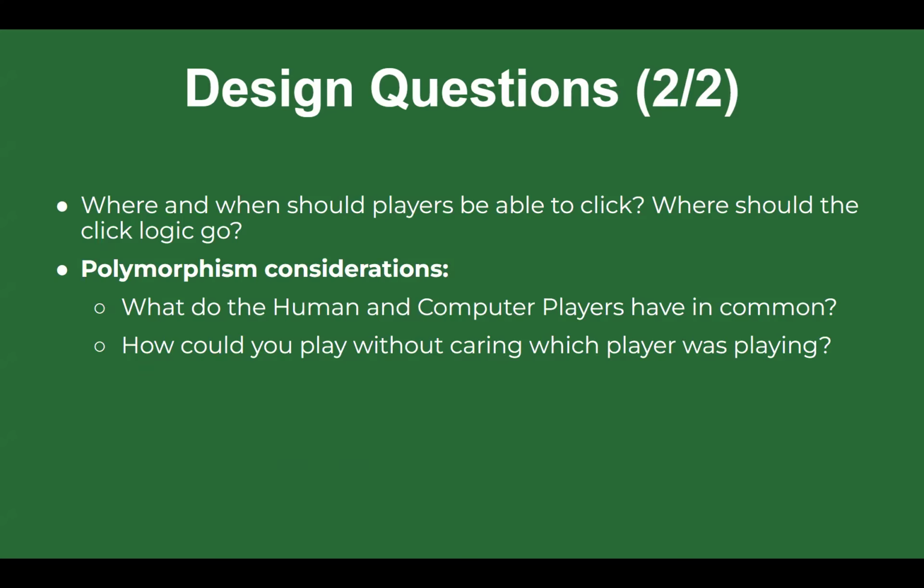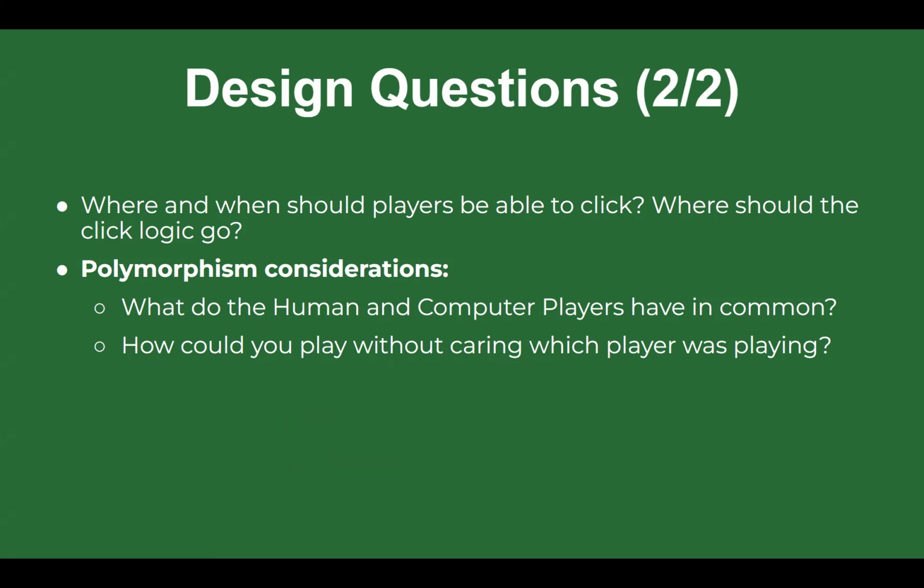Another good question is where and when should players be able to click? And where should the click logic that handles that sort of action event go? And then some polymorphism considerations. We already mentioned that it's a good idea to make an interface for the human and computer players.